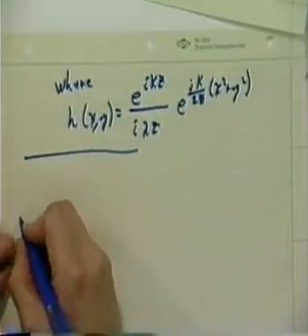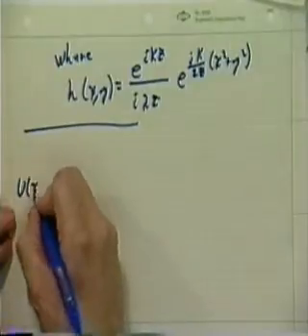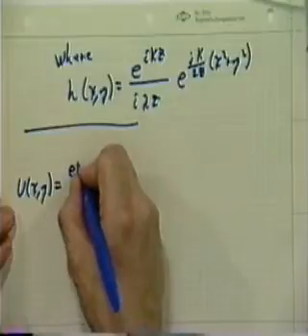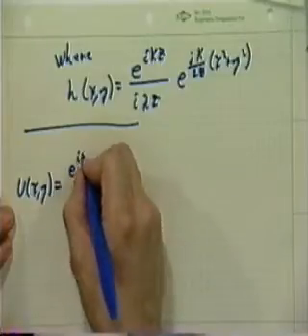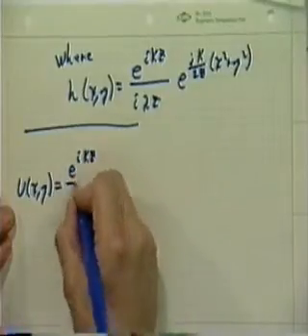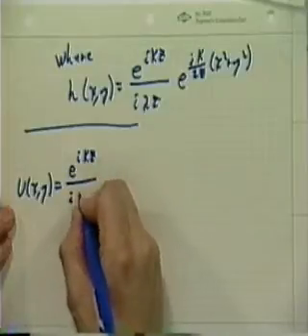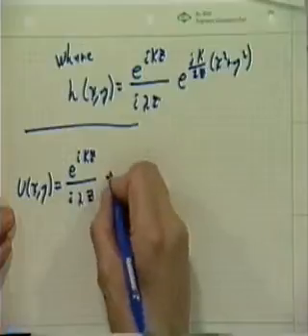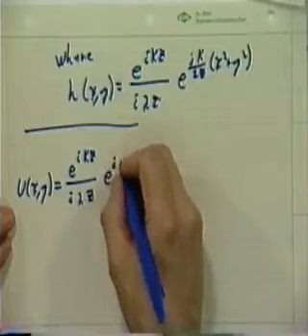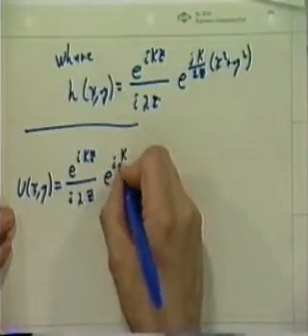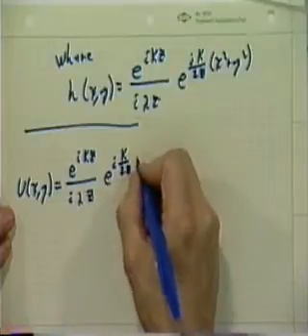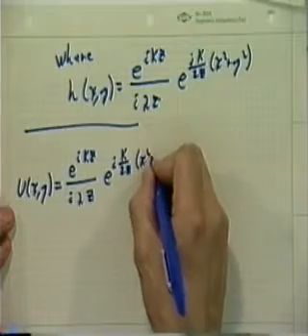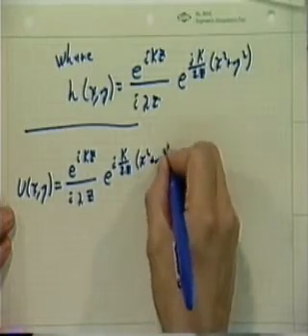U of x and y was e to the i k z over i lambda z, e to the i k over 2z times x squared plus y squared.